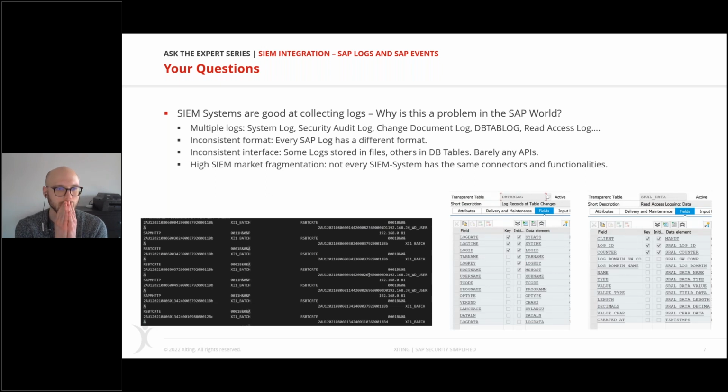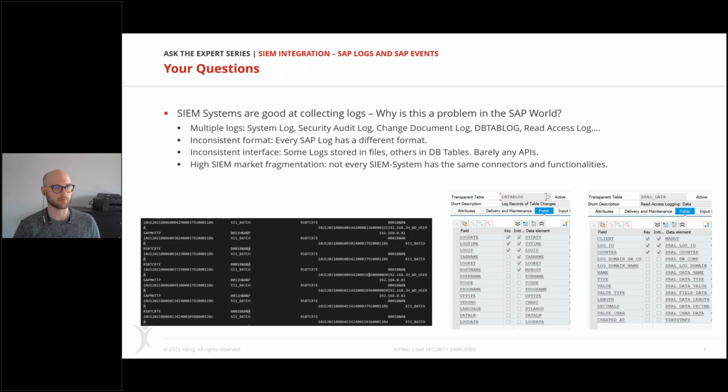So other questions went in this direction about why there is even a problem with integrating SAP logs. You all know SIEM systems are good at collecting logs and connecting to systems and consolidating the logs, interpreting the logs, and so on.